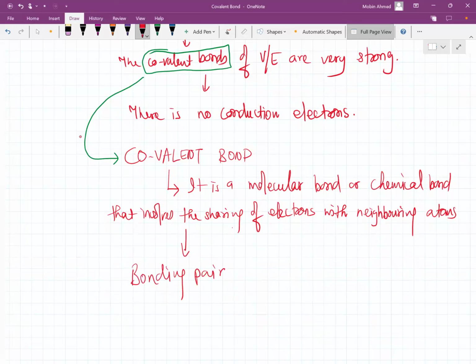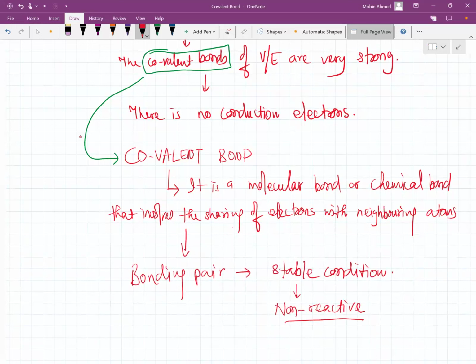Now, in this bonding pair, basically, it will be in a stable condition, because stable condition means it is non-reactive. It is not going to react. Why?